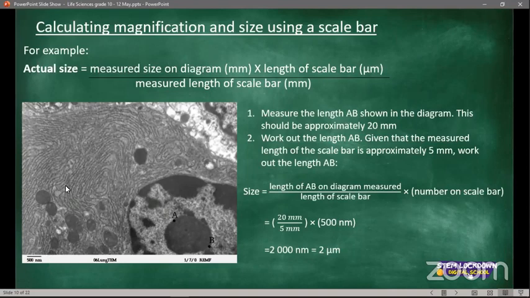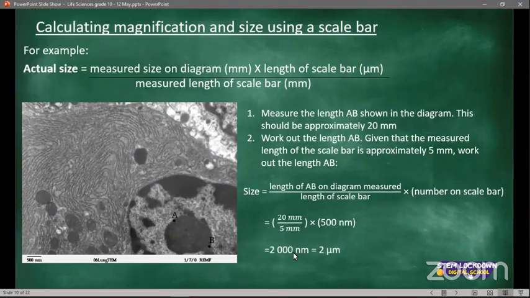So you should look at the micrograph that you'll be given. Sometimes it will be 2 micrometers or whatever the size may be. So that is the number on the scale bar. So you divide 20 millimeters by 5 millimeters, and then you convert this nanometers to micrometers.